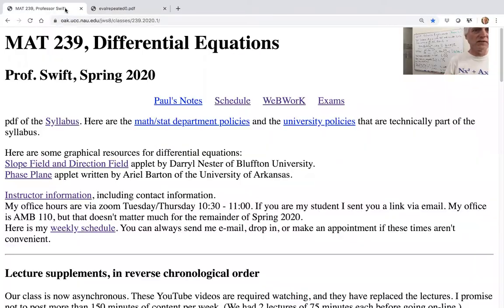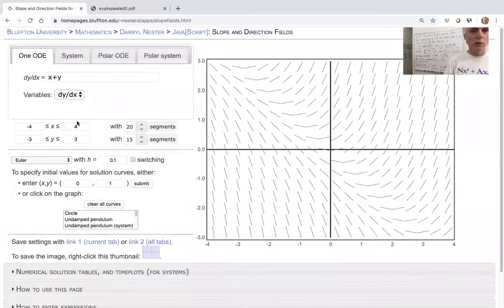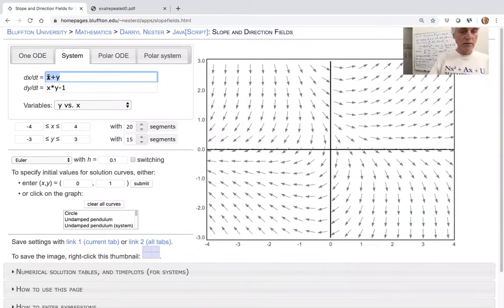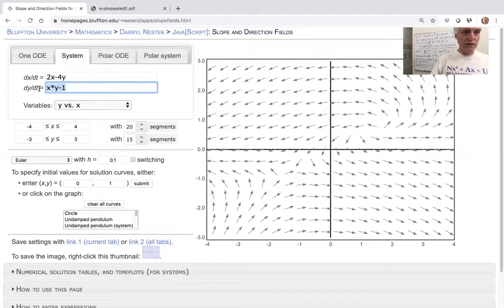I think it's down here. We'll go to the slope field applet. In our usual way of doing this, we'll convert it to a system with x and y. And dx dt is 2x minus 4y, and dy dt is x minus 2y. These are the scalar x and y.